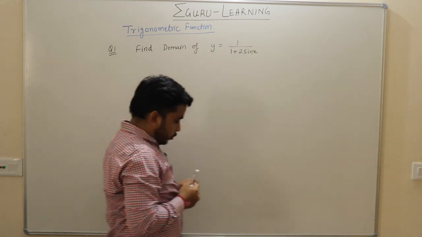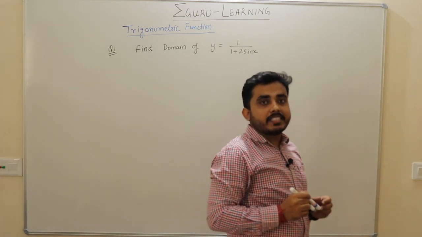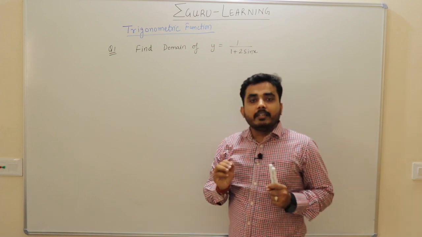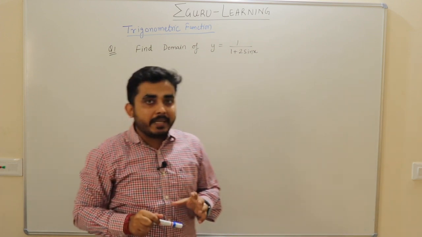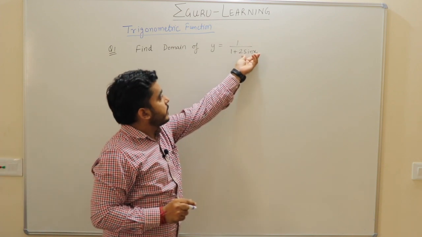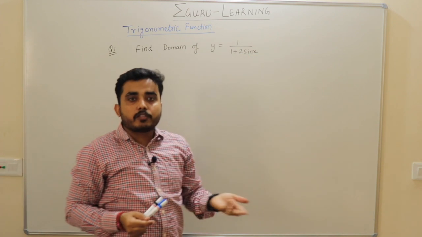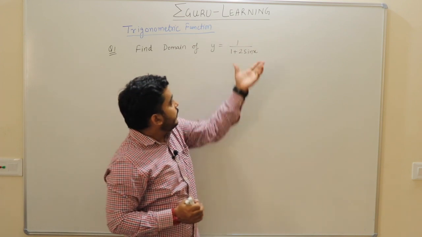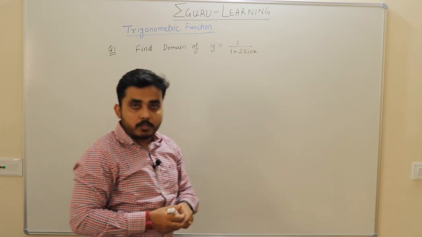To find the domain of this function, the denominator should not be equal to 0. So we need to remove all those points from the domain of sin x, which is all real numbers, where the denominator becomes 0.